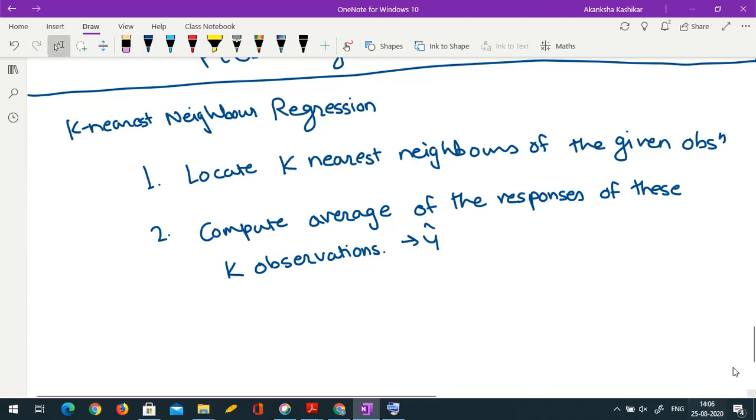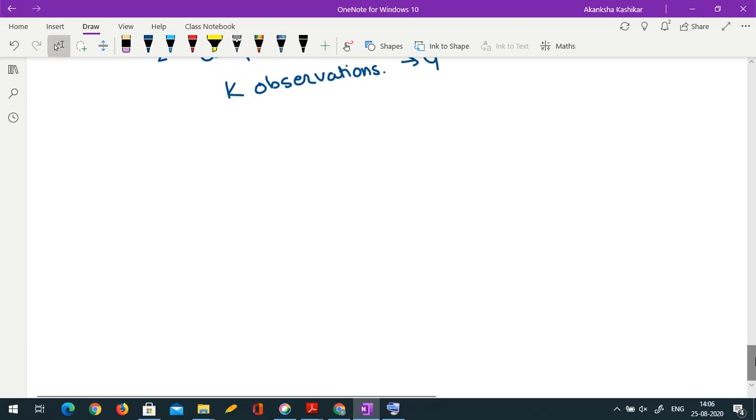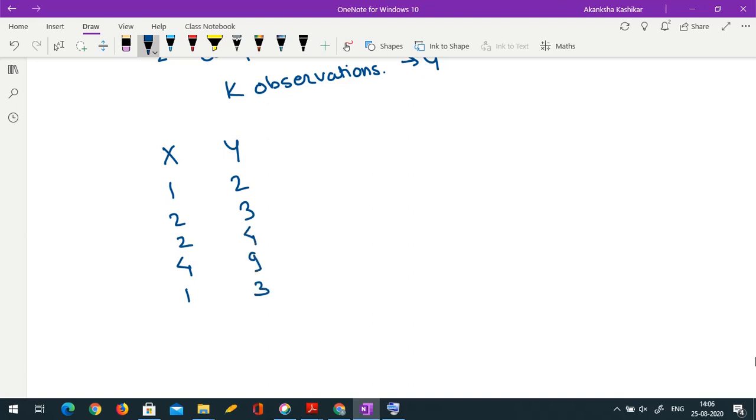Okay. Let me take a simple linear regression example. So suppose I am recording some x and y. So x is say 1, 2, 2, 4, 1. And y is 2, 3, 4, 9, 3. Okay, these are suppose my y values.